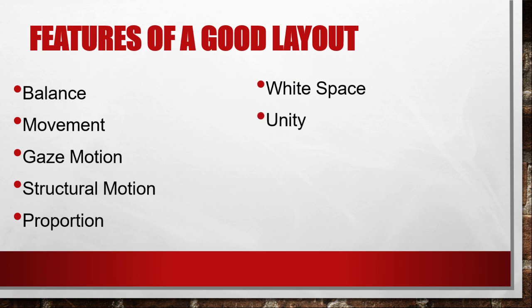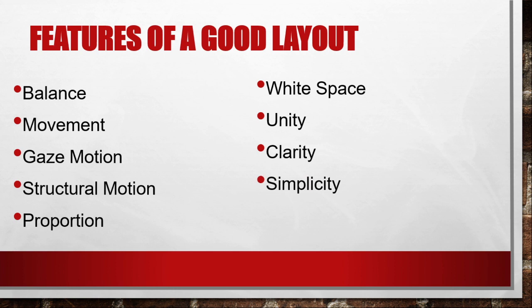And we have unity. There should be unity between the elements. For example, there should be a proper orientation between headlines and the copy or illustration. Then we have clarity. This implies that the various elements should be arranged in such a manner that the message is clearly understood.